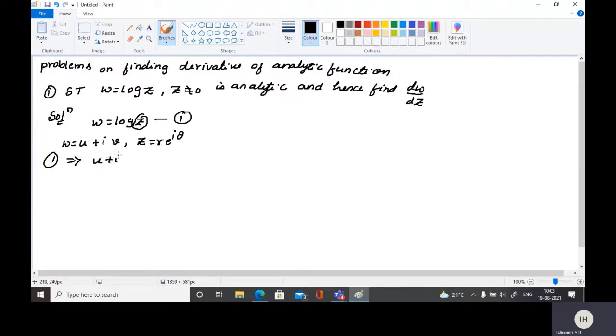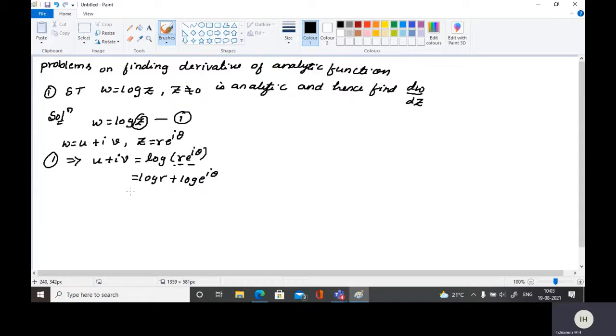Equation 1 becomes w, which is u plus iv, equal to log of r e power i theta. It is like log of m n. Log of m into n can be written as log m plus log n, that is log r plus log e power i theta.